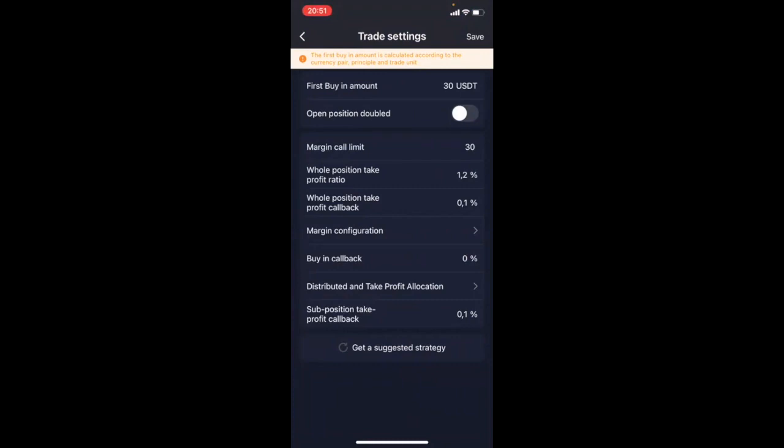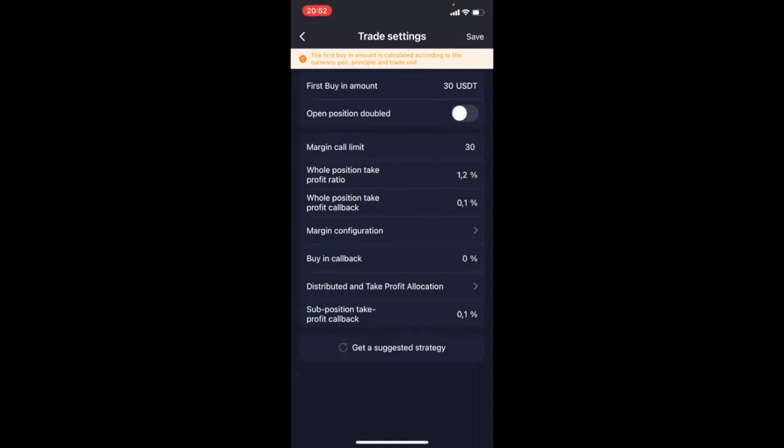But if you've never done anything like this before, don't touch it. Only if you're like a pro, then you can maybe tweak it a little bit if you feel like you want to, right? It's an option that you have, but I strongly suggest that you just do what the trader does.